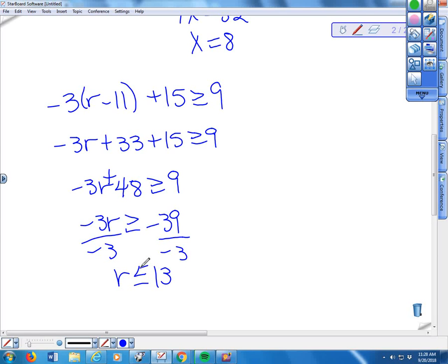Now it's positive. So r is less than or equal to, where am I at? No, it's negative. Should be C. Yeah, it's C. No, it's A. It should be A. Because it's negative 39 over negative 3. Oh, you can't do that. Yeah, so it's positive 13. So it's less than or equal to positive 13, letter A.